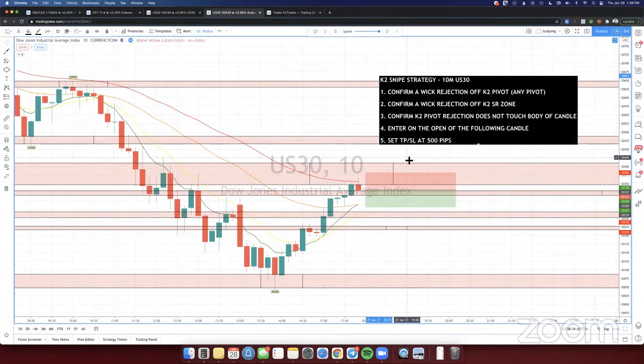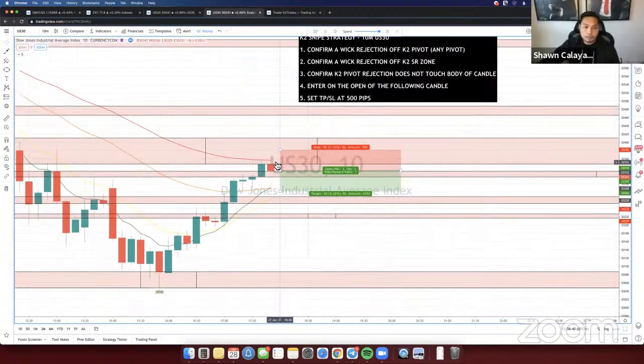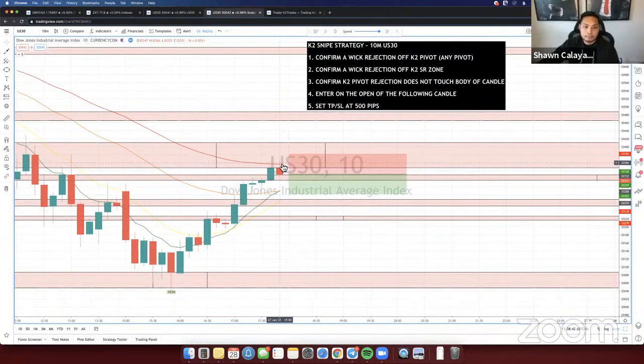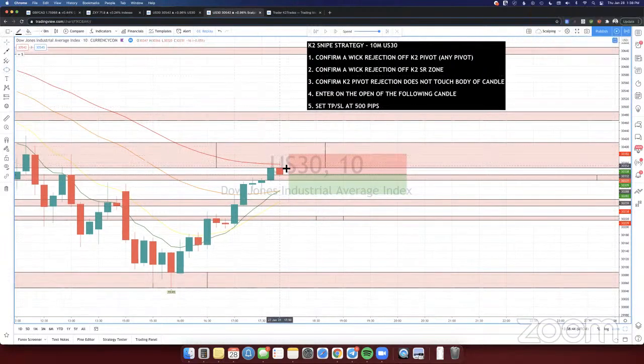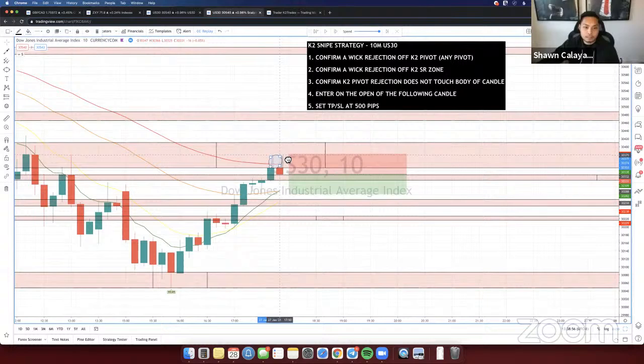Okay, show me the rejection from the zone, because I can't see the gap in between the zone. Right over here, there's a big pink square. Which candle shouldn't be touching it? Because I'm old, man, maybe I don't see it, but it looked like both of them were touching. This red one over here shouldn't be touching it.